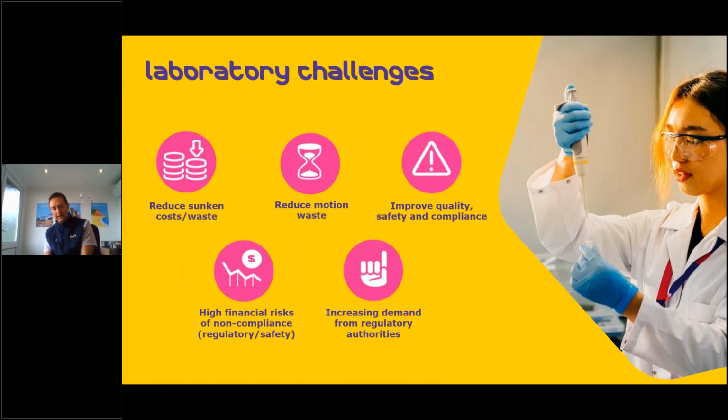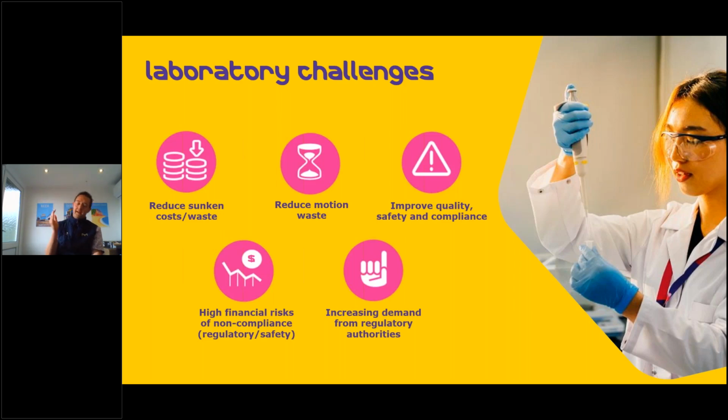So when we think about the challenges of the lab, there's a huge amount of pressure within organizations now to look at reducing sunk waste and sunk costs, be it through things like spoilage. That has an impact from a sustainability perspective as well, but also hugely with regards to motion waste, i.e. manually doing certain tasks that perhaps could be managed in a more process-efficient way, and potentially even digitized.